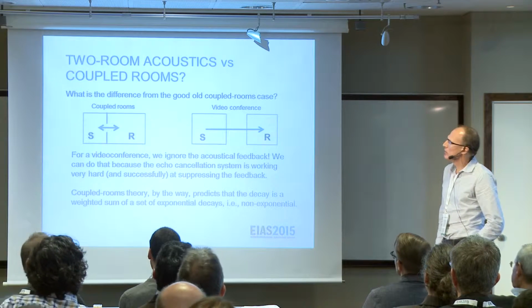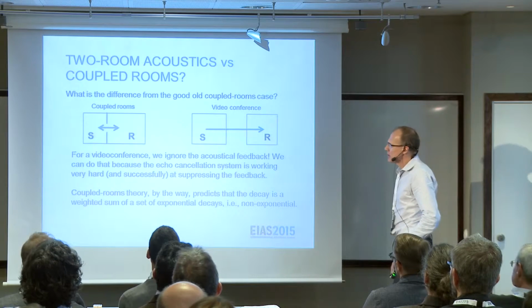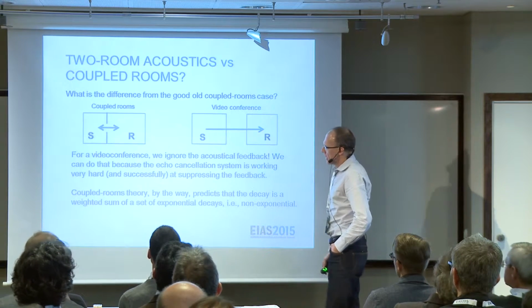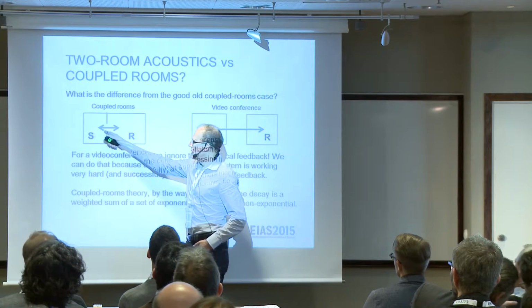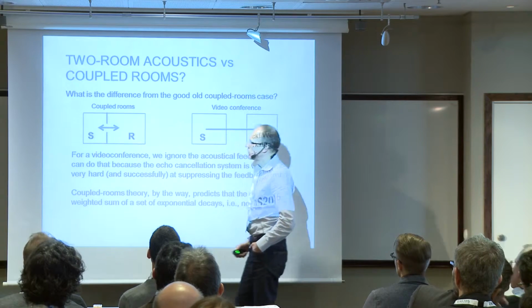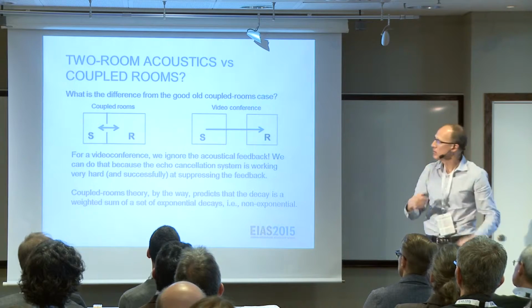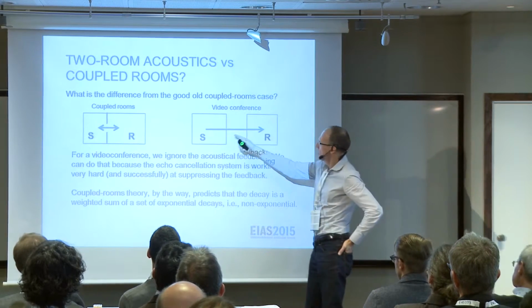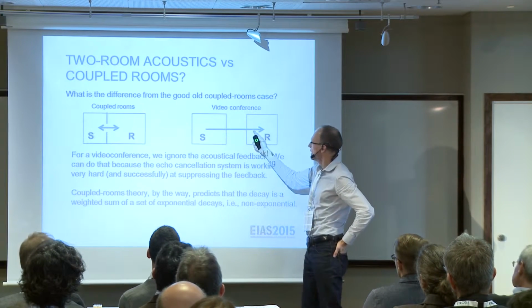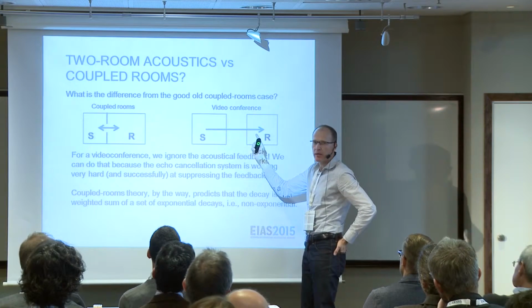So then the two-room acoustics versus coupled rooms. Coupled rooms means that we have some opening between a source and the receiver room, and there will be sound transmission both ways. In a video conference situation, we have a microphone here and a loudspeaker there. The sound is fed one way.